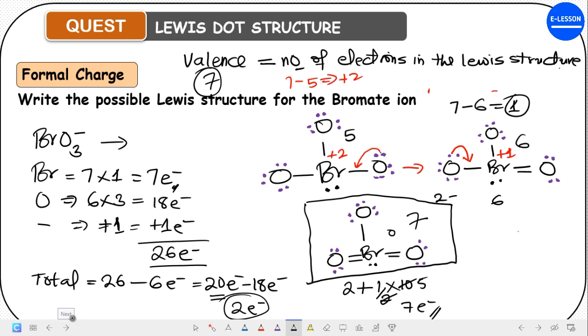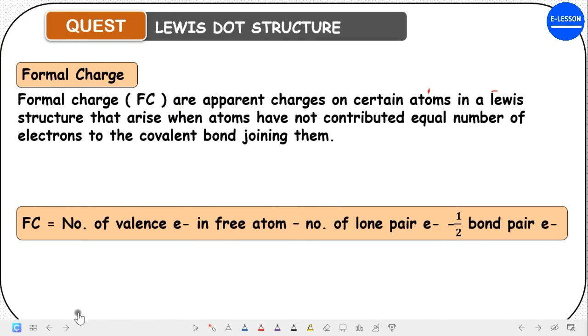So that is that. Now to calculate this formal charge, we say it is the number of valence electrons in the free atom minus the number of lone pairs of electrons minus half the bond pairs of electrons. Is that okay?